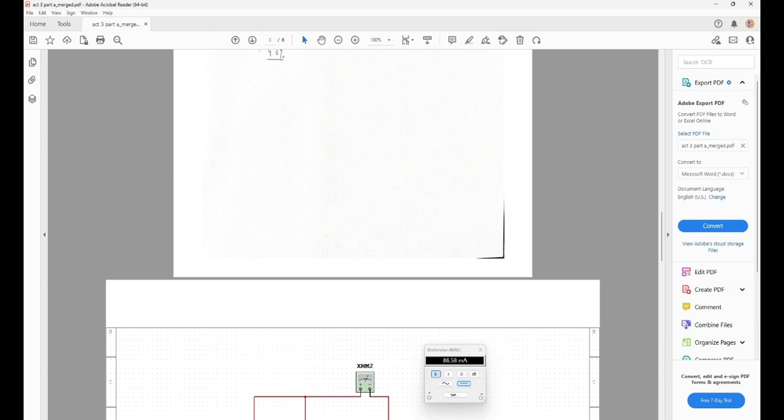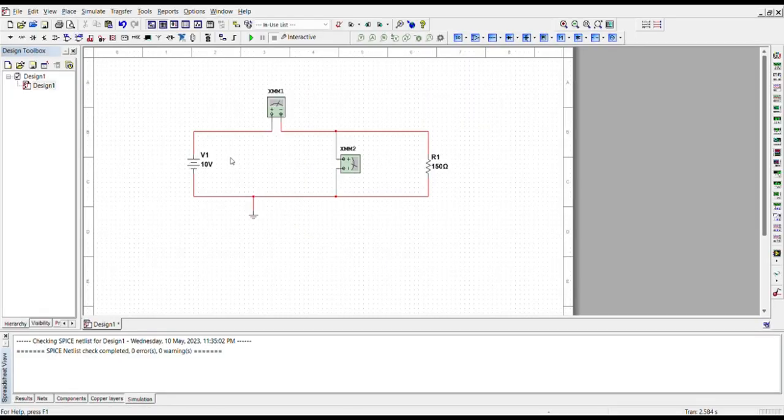Thank you. Right, for activity 4, part A, here is the circuit. The first one is the source here with 10 volt of voltage source and connected to the first multimeter here, which will measure the current.